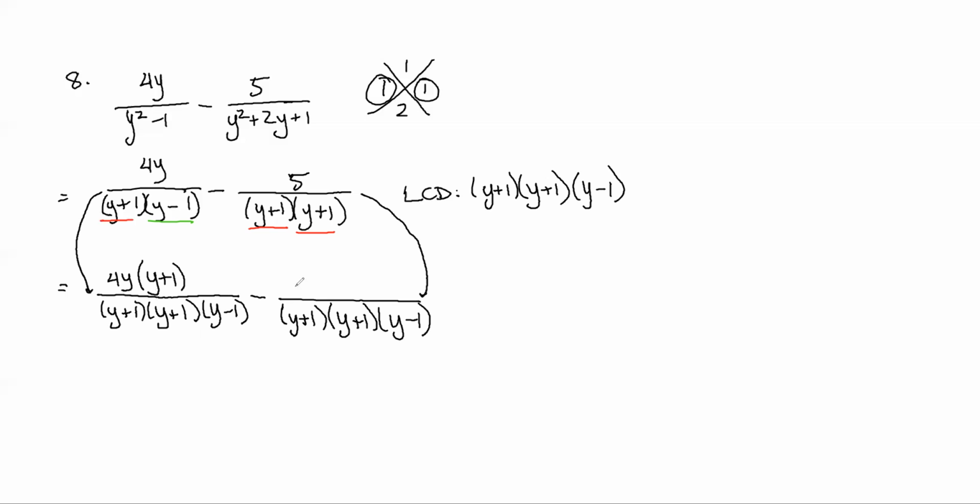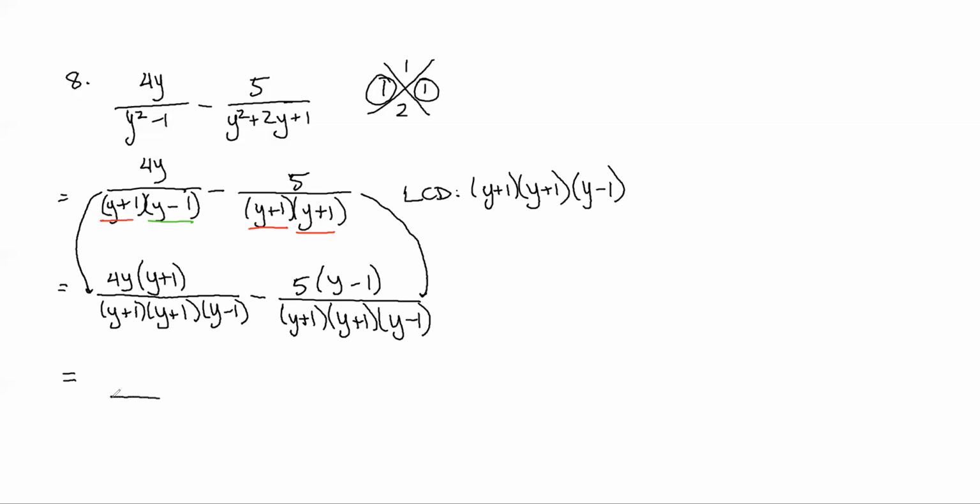Our second fraction, we have a 5. And let's see, we have two y plus 1s, two y plus 1s. We're missing a y minus 1. So we're going to multiply by y minus 1. All right, so those are our new numerators there. So I'm going to go ahead and combine now.